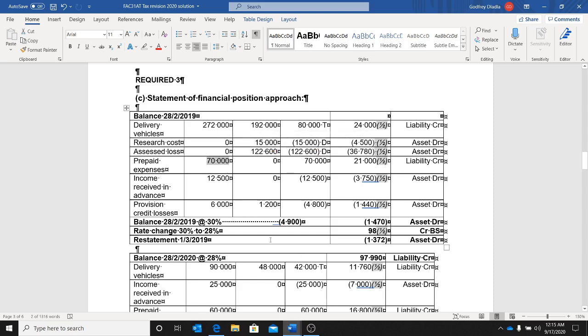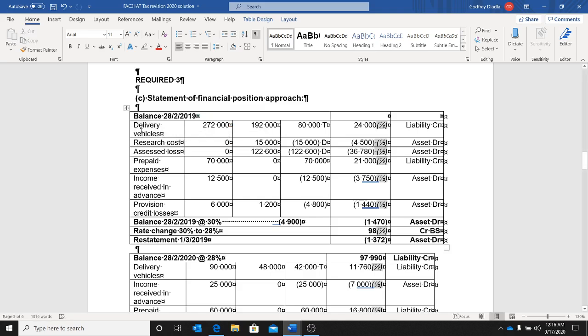But remember, the receiver allows you the whole amount. They tax you the whole amount, they allow you the whole amount. They don't have prepayments and income received in advance. So that is why there's a 0 here, because the receiver allowed you that amount long time ago. And so that is the situation. So if you read them again, the same way like you are reading these ones.